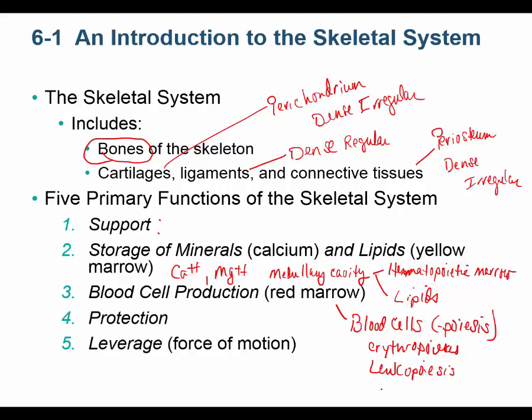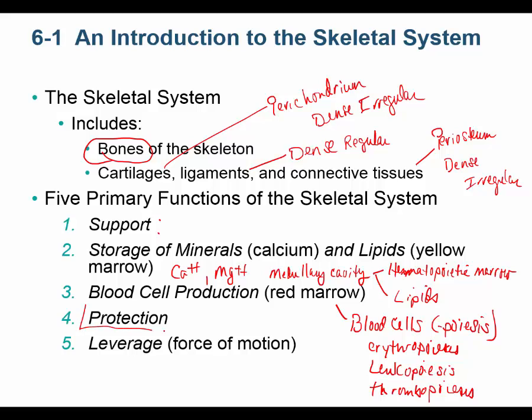So erythropoiesis is red cell production, leukopoiesis is white cell production, thrombopoiesis, because a thrombocyte's a platelet, thrombopoiesis is platelet production. Excuse me, I'm sorry. Under leukopoiesis, because there's lots of different types of white blood cells, you can have lymphopoiesis and neutropoiesis and things like this. So you can even break that down further.